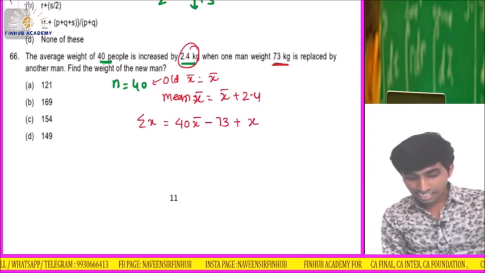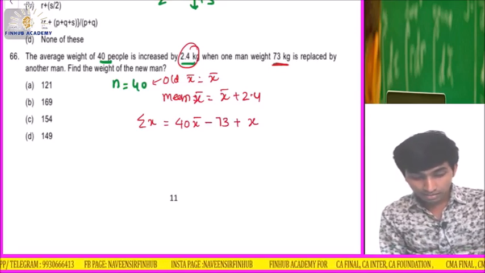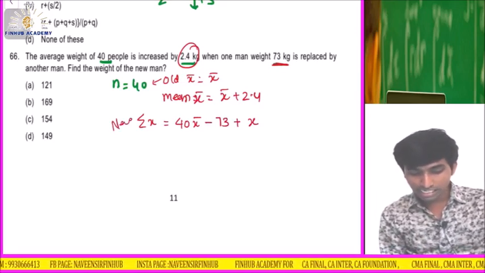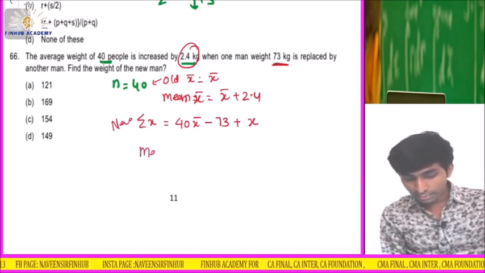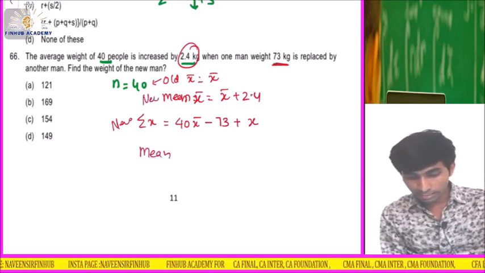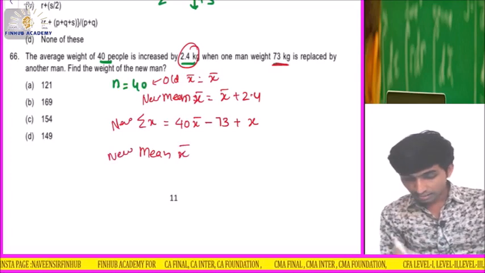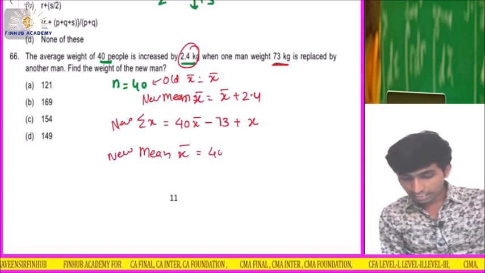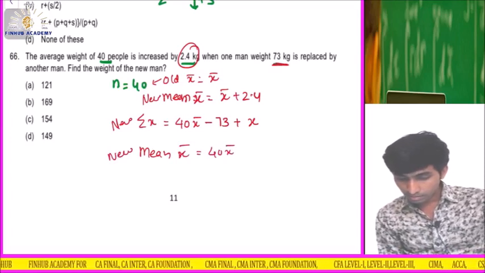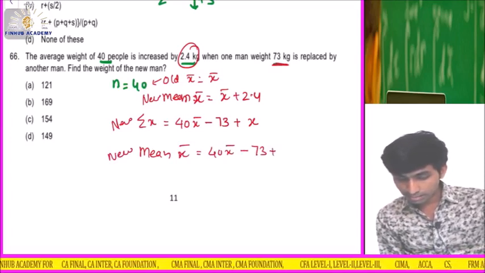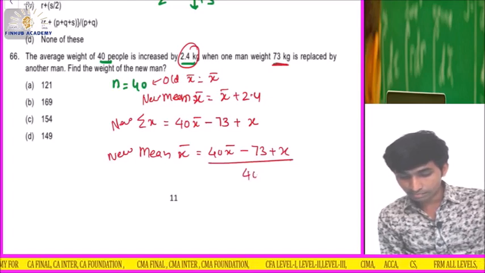So this is my new summation x. So the new mean x bar is equal to 40 x bar minus 73 plus x, divided by n, which will be the same, that is 40.